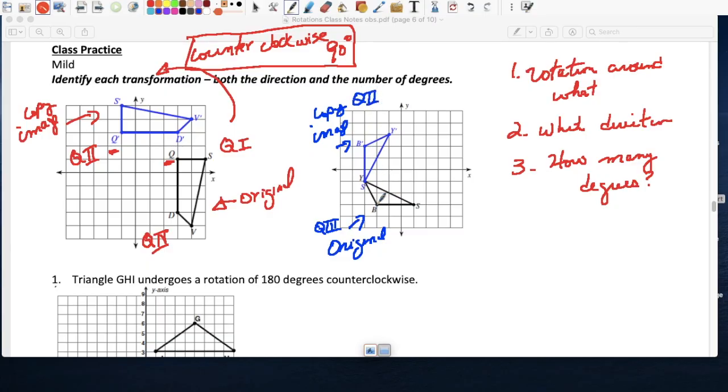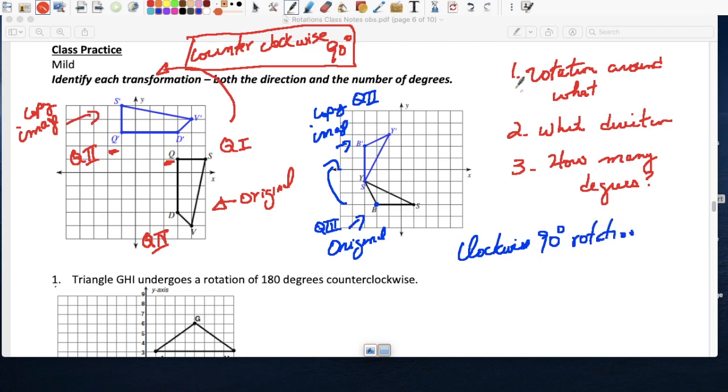So point B, who is right here, went to quadrant 2. It traveled one quadrant over. Which direction? Well, that direction. So it went clockwise. And because it only traveled one quadrant over, it is a 90-degree rotation.